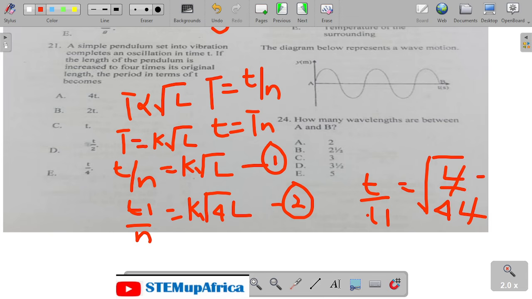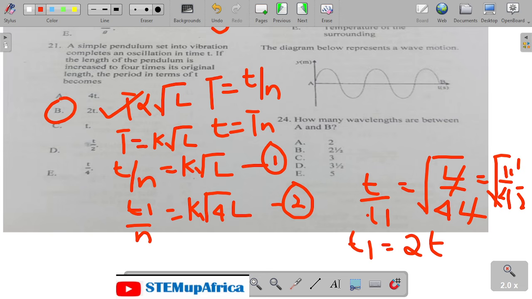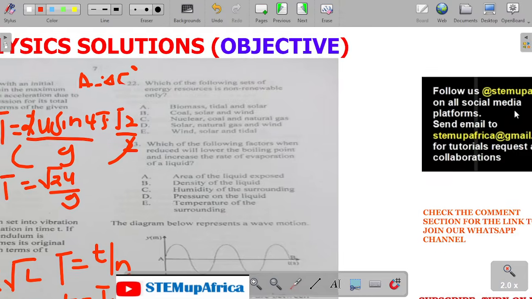L cancels L, I'm having square root of 1 over 4, which is simply 1 over 2. So my T1 will give me 2T. So the answer is 2T. 21 is B. So let's look at 22.